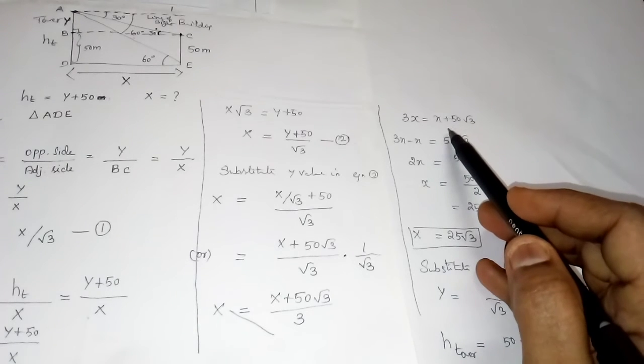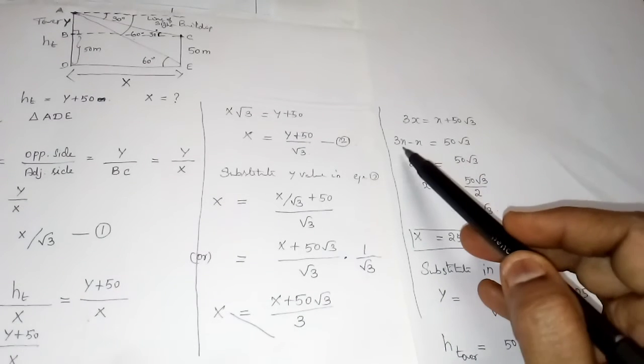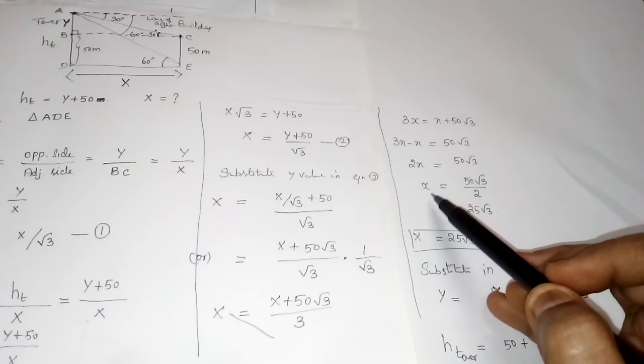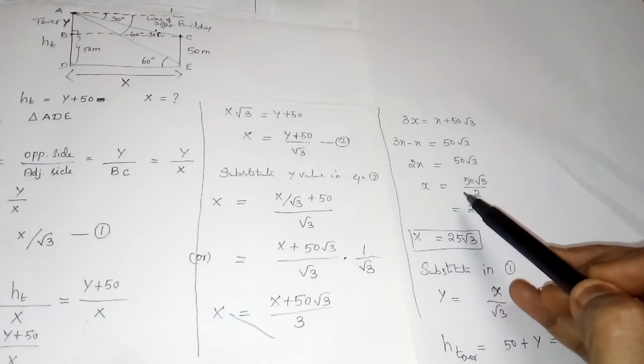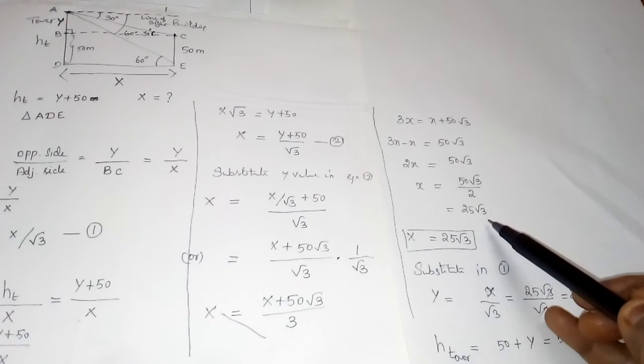Take x to the left side: 3x minus x is equal to 50 root 3. 3x minus x is 2x, so 2x is equal to 50 root 3. Then x is equal to 50 root 3 by 2, which is 25 root 3.